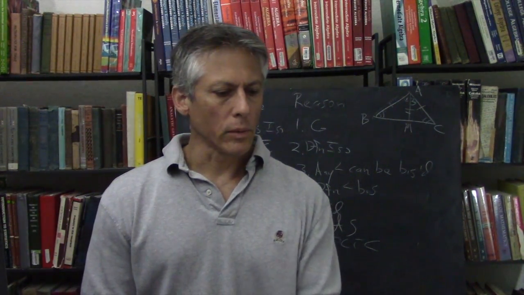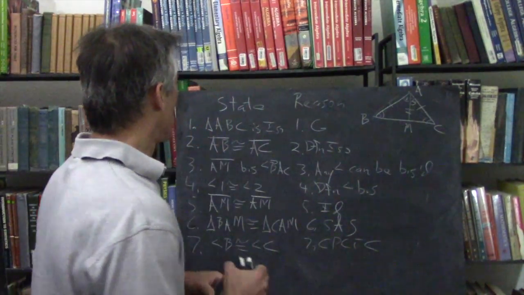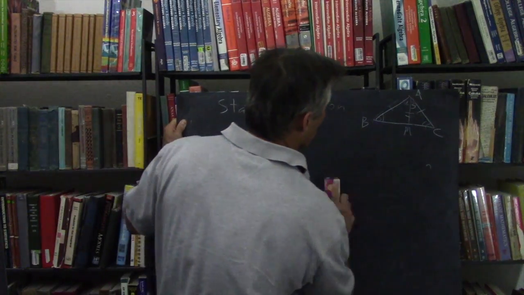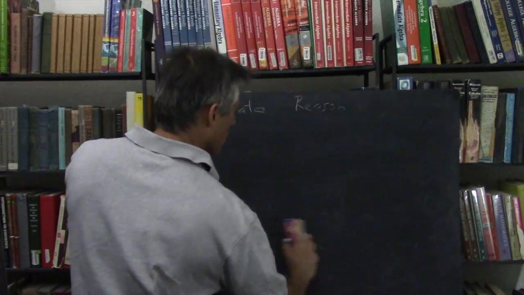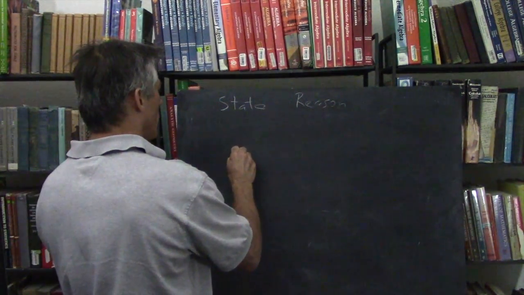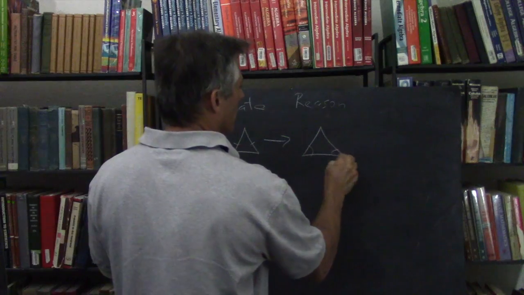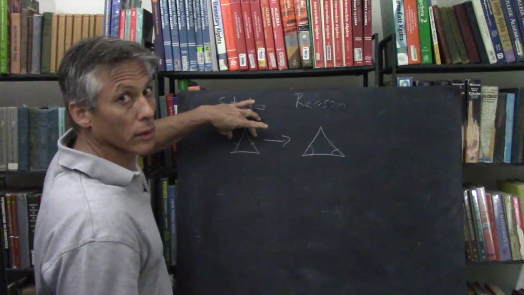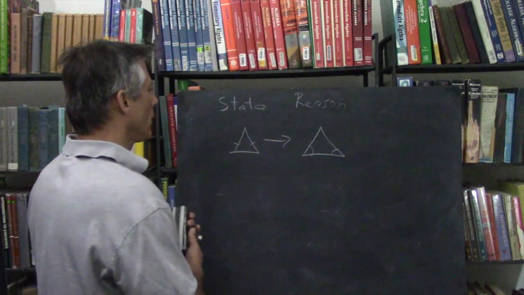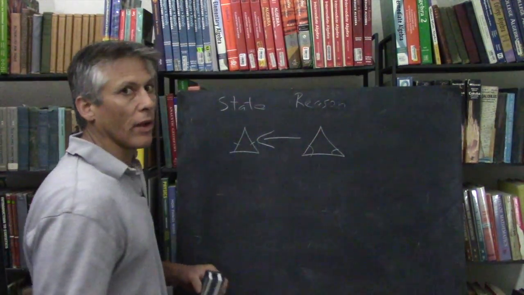Now, let's go over the next one, the converse of it. Okay, so what we've done is, when the sides are congruent, the base angles are congruent. This time, we're going the other way.